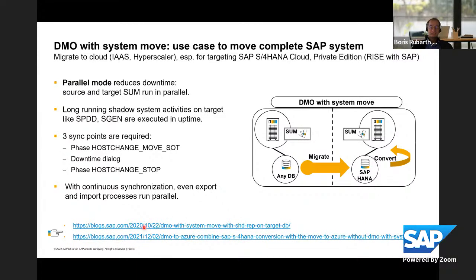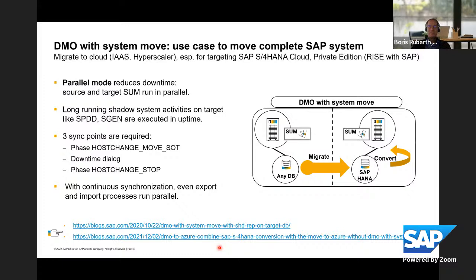Nevertheless, please consider the second link here. That is DMO conversion to hyperscaler. That is an approach not yet available, but there we try to use the plain DMO even for this combined transition to hyperscaler and conversion. And if this would turn out to be fine, if we would be able to use the plain DMO for this combined transition to hyperscaler and conversion, then we may, in the end, again use those downtime optimization technologies, which is future, which is not a promise.